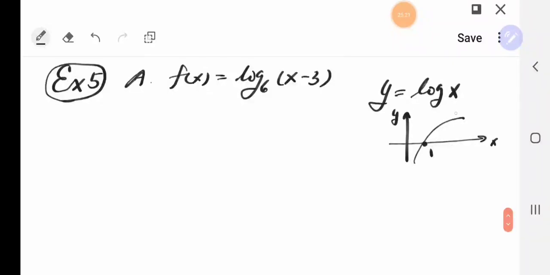And the domain, the x value, is always greater than 0. The y-axis is the vertical asymptote. So x should be always greater than 0, not equal to 0. So this x, inside the logarithm, must be greater than 0.